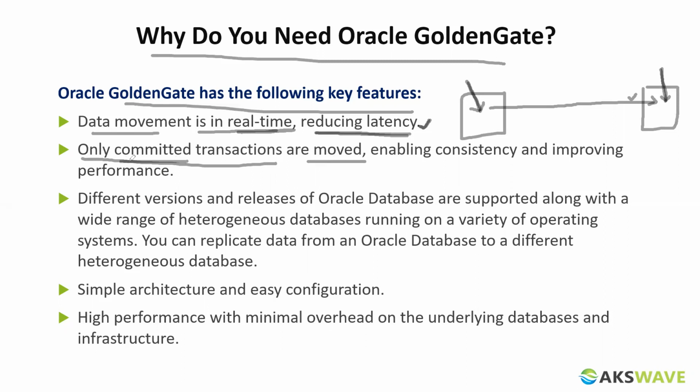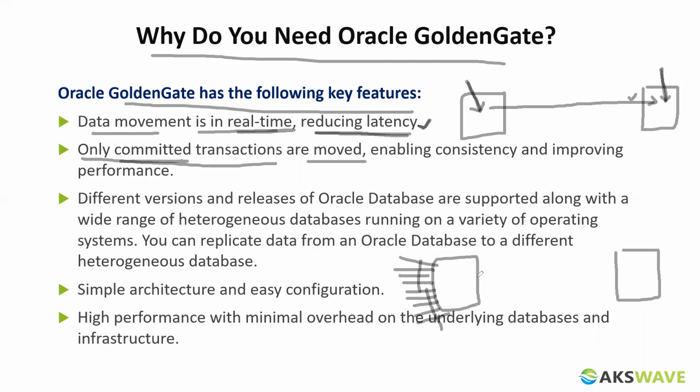Only committed. Because if I look at Data Guard, I have my primary and my standby. Let's say 100 transactions are done here, but is it necessary that all transactions are always committed? No. Let's say 40% of transactions are rolled back and 60% are committed.